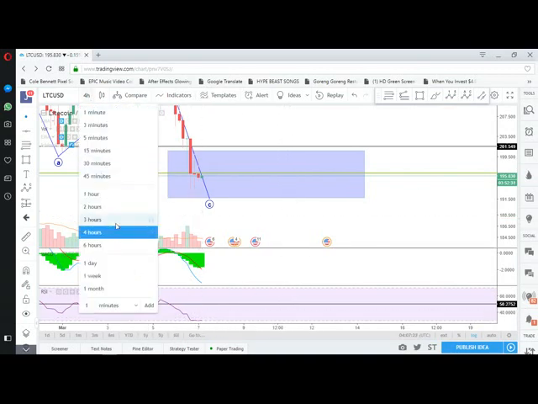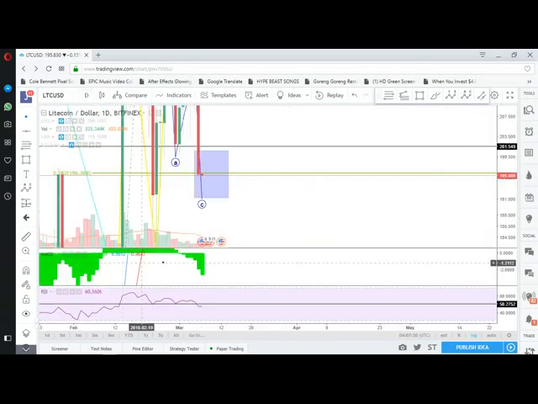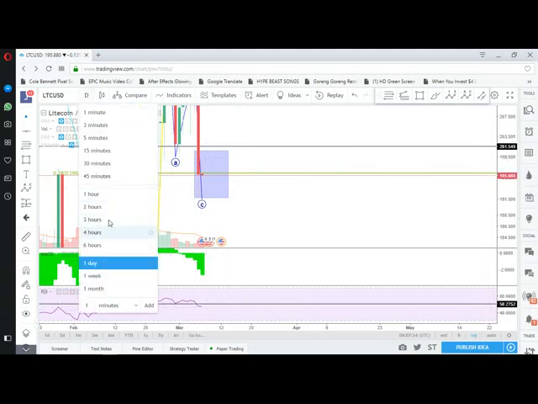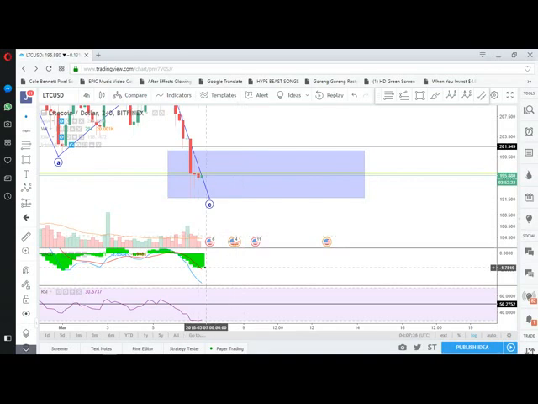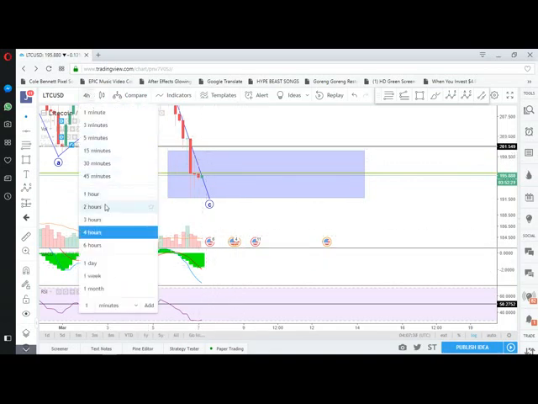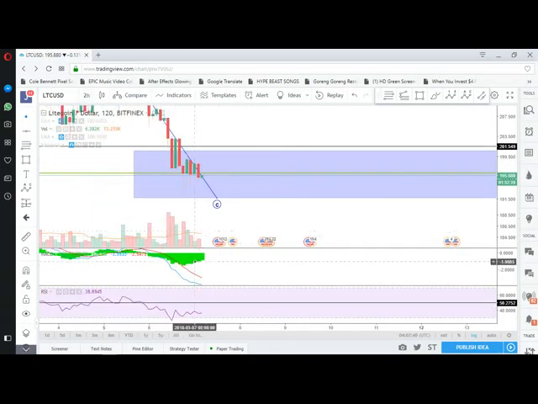But when you go 4 hours and out, it still looks predominantly bearish. So we want to be watching this, and we want to keep checking our time frames, because this looks promising. This looks like we might be turning bullish here. We got some volume kicking up.